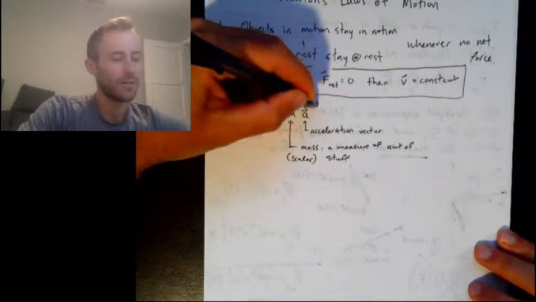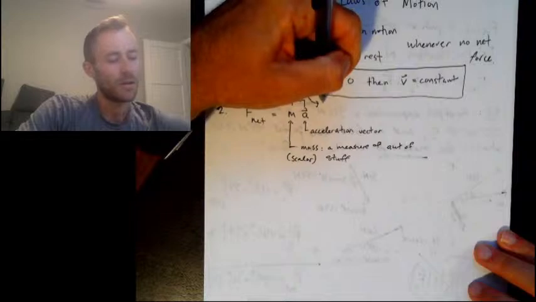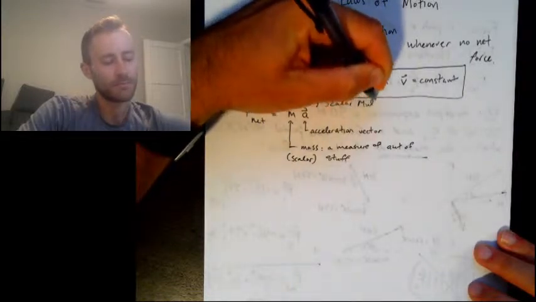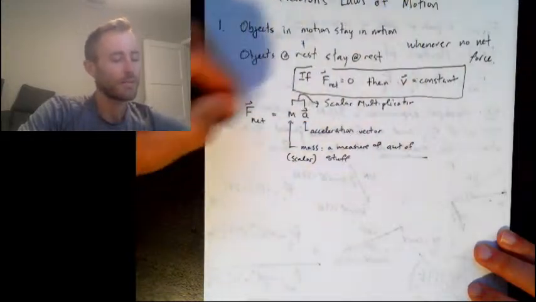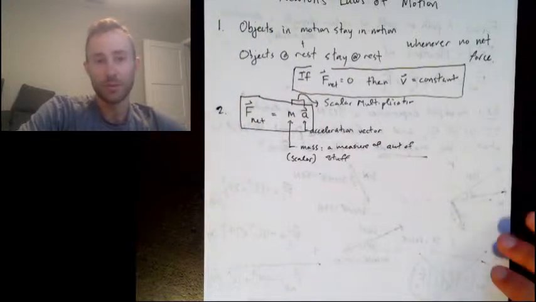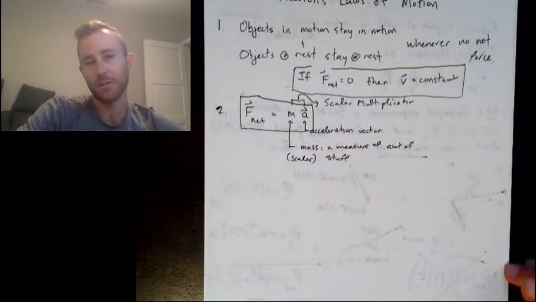So Newton's second law of motion is really a scalar multiplication. Okay, so this is, once again, going to be the most important equation in this course as well as the previous course.